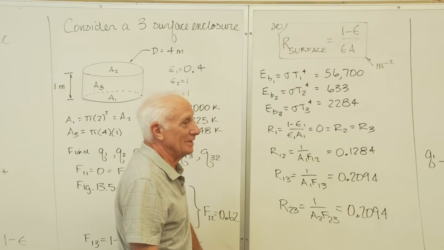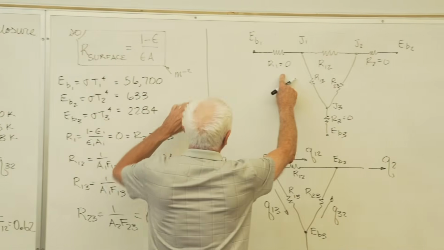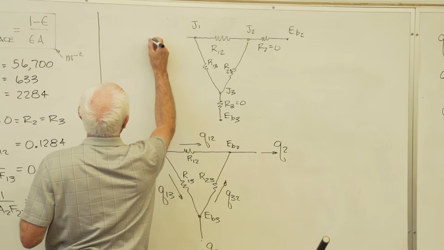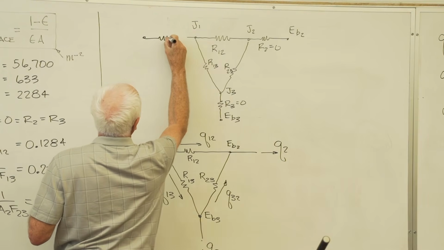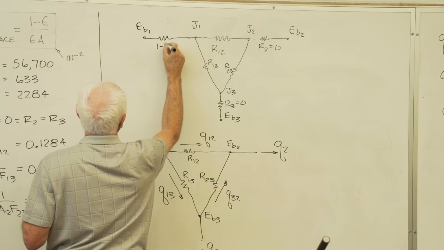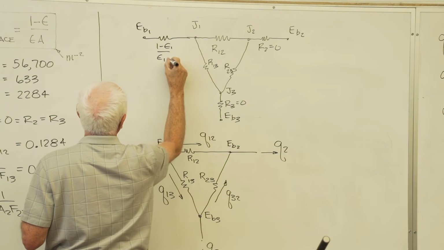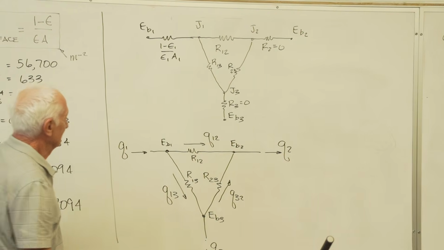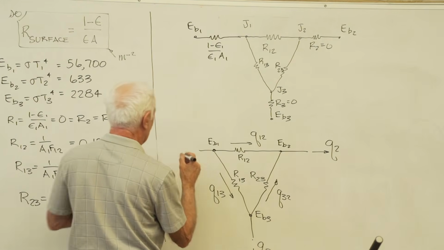Okay, surface 1, that resistance is not 0. So, well, I shouldn't erase the whole thing. I still have EB1. 1 minus epsilon 1 over epsilon 1 A1. Okay, make life easy.